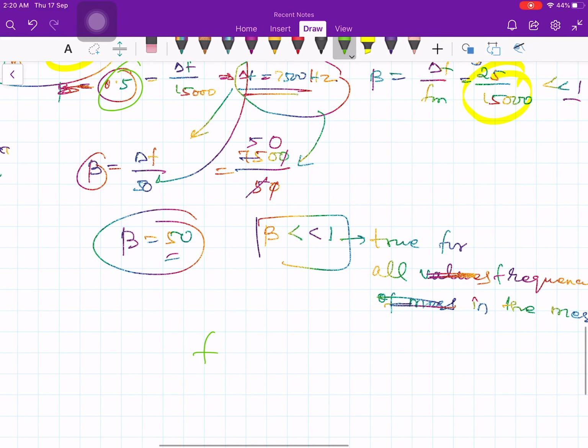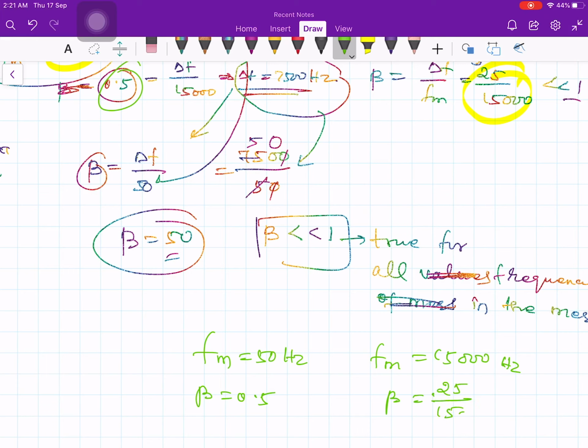See, for the lowest frequency fm, what is your beta value? 0.5, for 50 hertz. When fm becomes 15,000 hertz, your beta is how much? 25 by 15,000. Just calculate this value with your calculator.